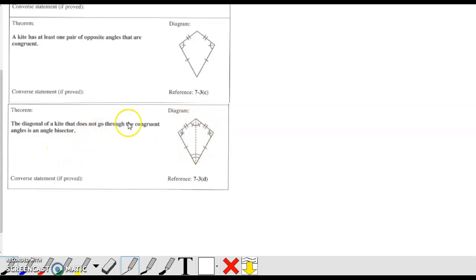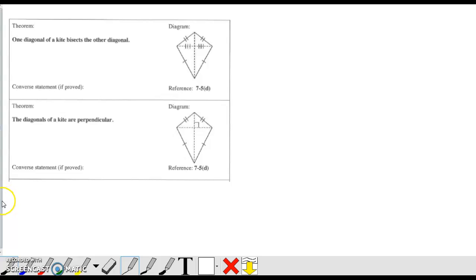We also proved that a diagonal of a kite that does not go through the congruent angles is an angle bisector, right? So we didn't necessarily write a flow chart for that, but that was part of one of the questions. Again, you'll find this all on the website, so we don't have to copy it down. Diagonal bisects the other one. So again, we saw that this was one of the ones that we did not prove, that the diagonals of the kite are perpendicular.